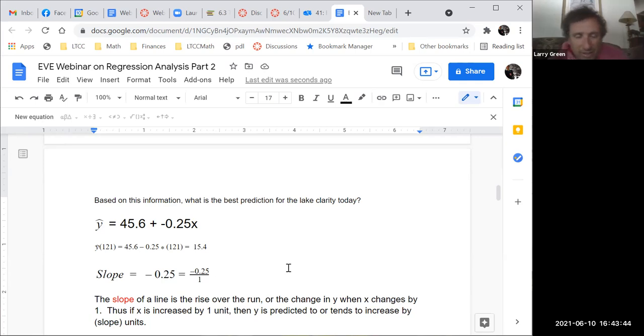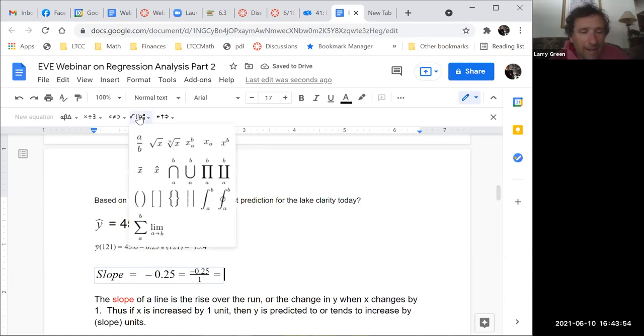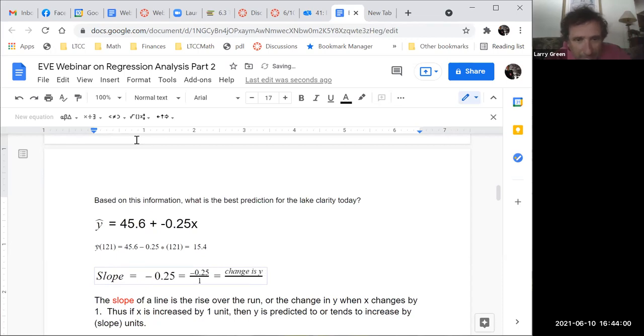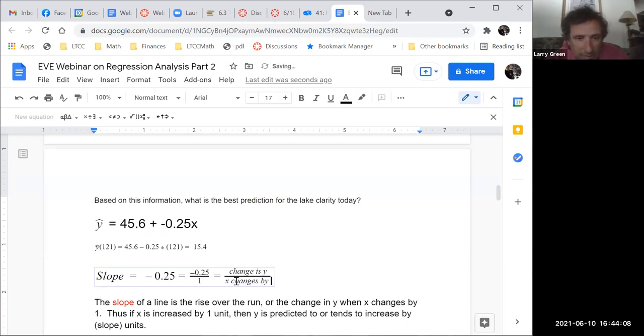And just to note, sometimes it helps to write this out, or spell it out, I think is a better word. We can say this is a change in y over the change in x. So x changes by 1. Any questions on that?